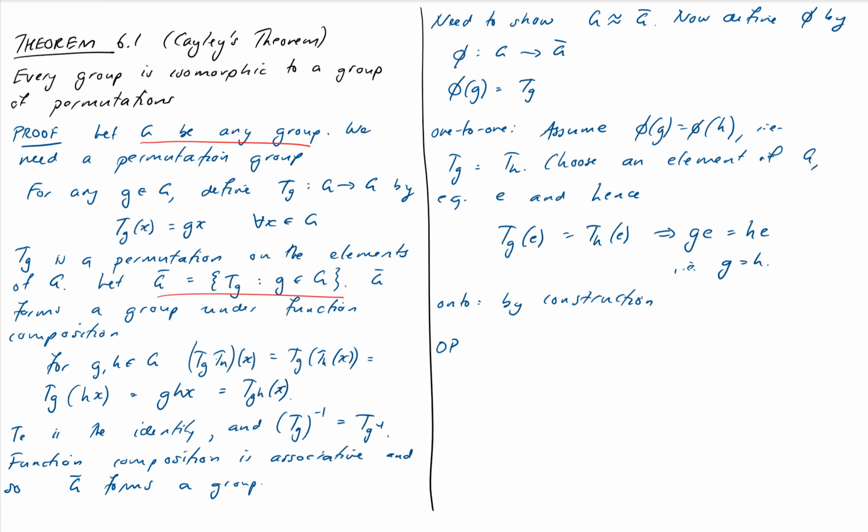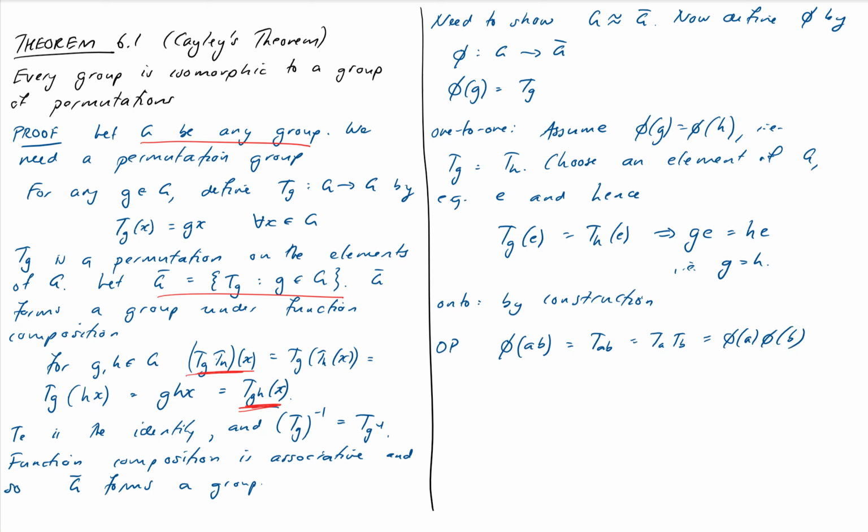So now I have phi of ab is equal to T_ab by definition, but we've established already that T_ab is just the composition of the two, is equal to Ta Tb, and therefore that's equal to phi of a, phi of b.